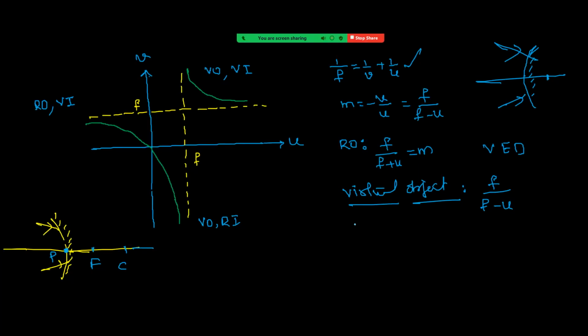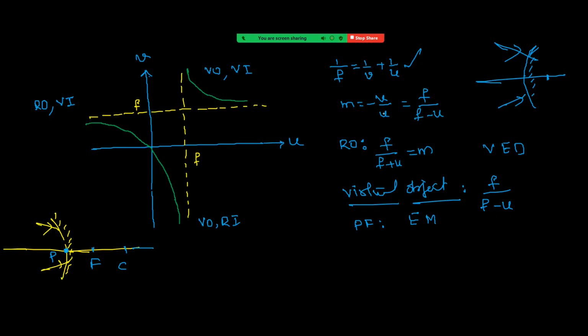Virtual object, if it converges between pole and focus, u will be less than f. Yes or no? Between P and F means u is less than f. Less than f means total value positive. Total positive means erect one. This total value is greater than 1, magnified.